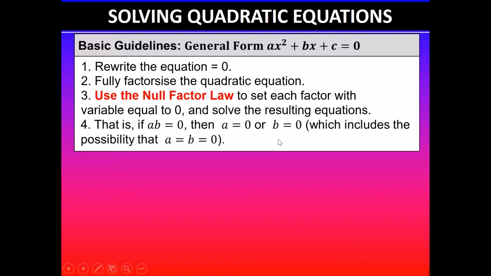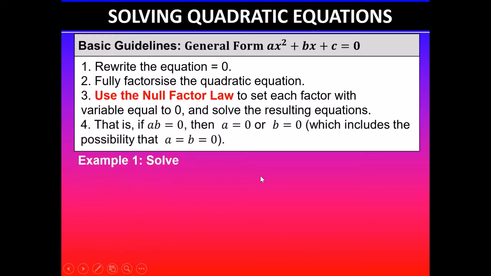There is also a possibility that both a and b are 0, because 0 times 0 is also 0. So using this null factor law, we can easily solve quadratic equations.